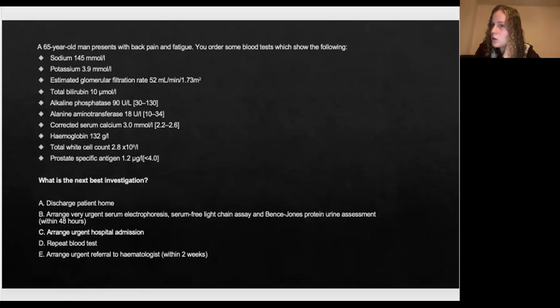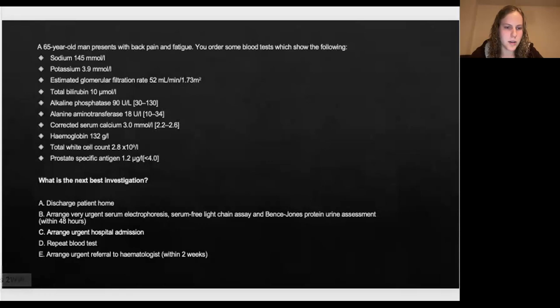And does anyone have any idea what could be going on? And does anyone know the diagnosis of what could be happening?